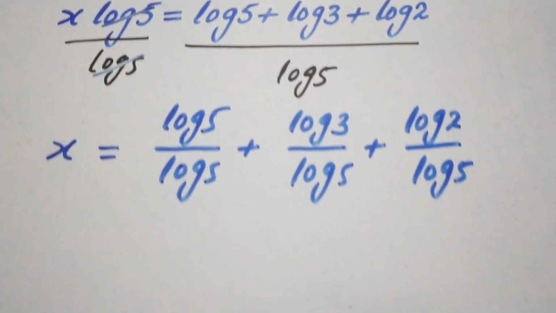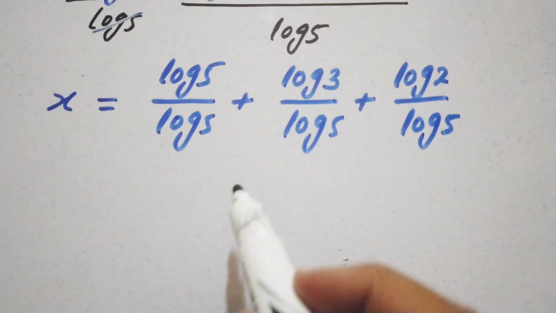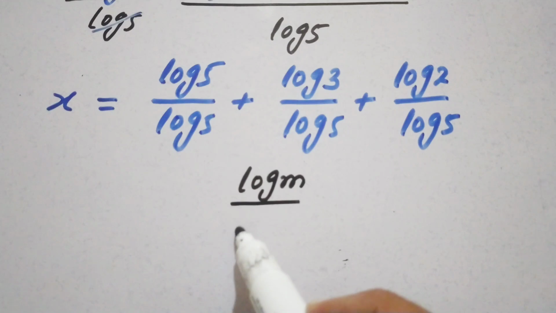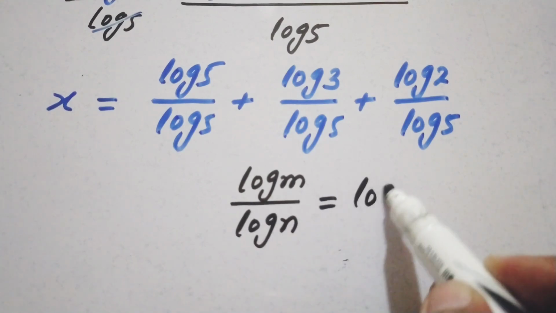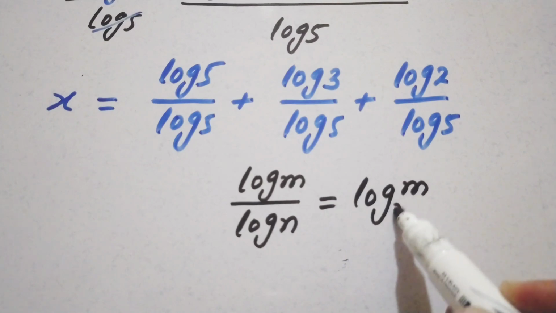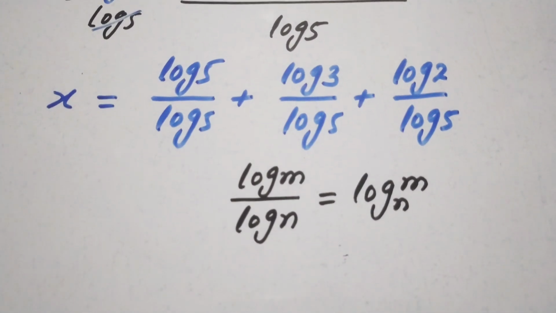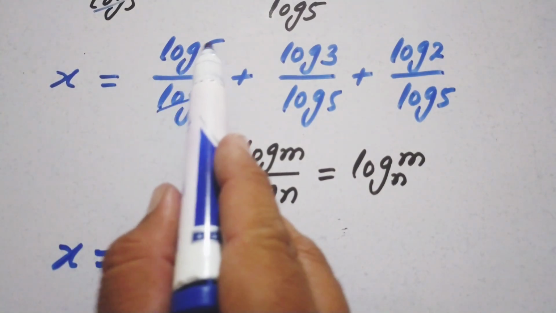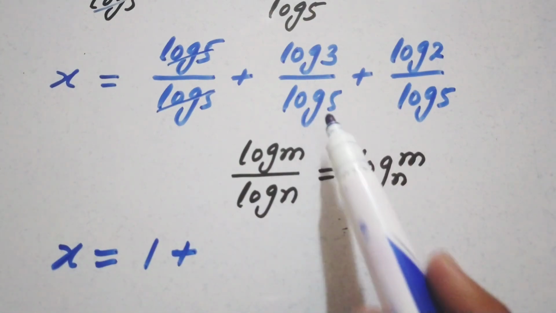Another logarithmic property we will use here: if we have log of m divided by log of n, we can write this as log of m to the base n. So the above equation will become x is equal to, this will cancel out each other, we are left with 1 plus log of 3 divided by log of 5.